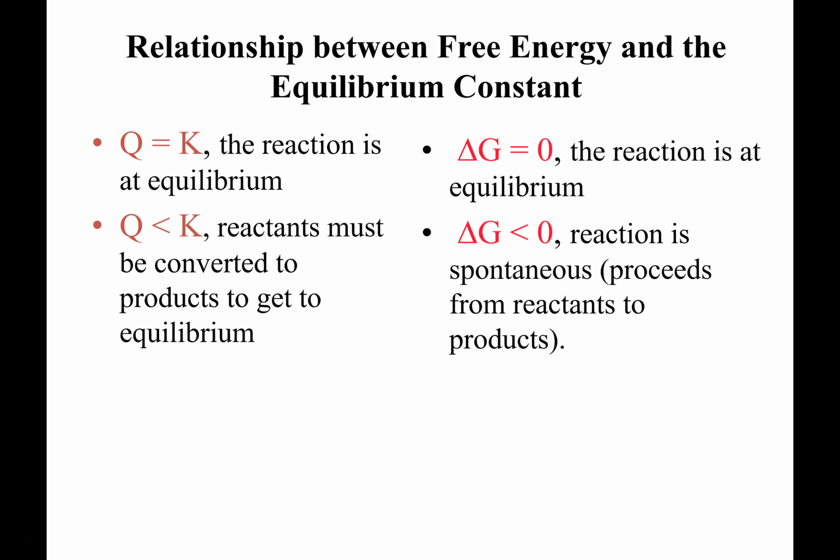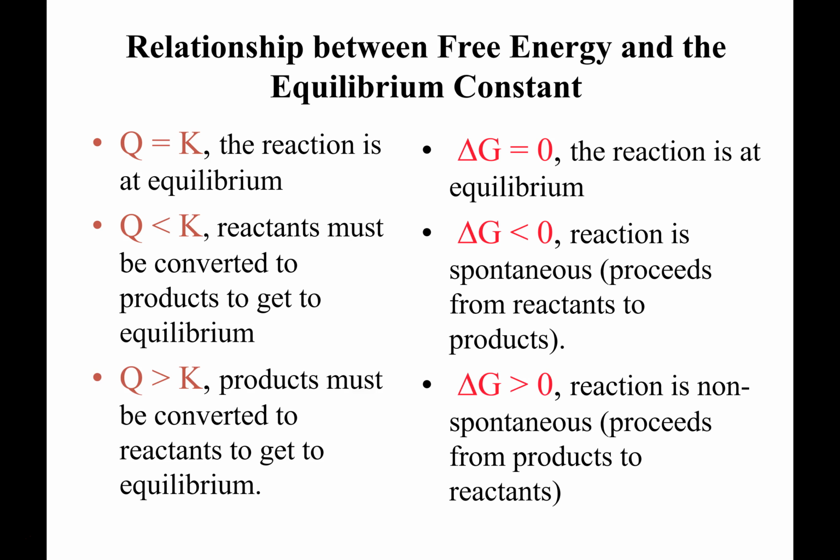The last possibility is where your Q is too large and you have too much products, so it has to go form reactants. So actually it's the opposite of spontaneous. It's going to proceed from right back to left again, and that's the situation when Gibbs free energy is positive. So we have those two things going on.